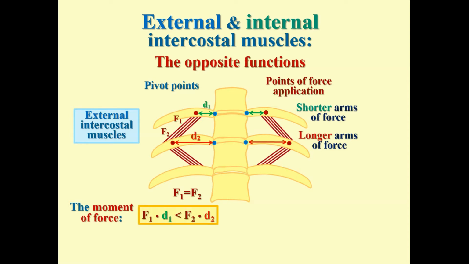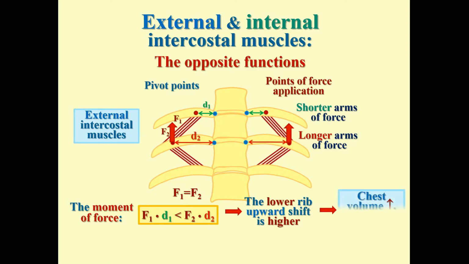So as distance D1 is shorter, the total moment of force is less. And for the red D2 distance, we have a longer moment of force, and so the lower rib moves more upward than the upper rib goes downward. So mostly all ribs go upward. And as a result, it increases the chest volume and contributes to inspiration.